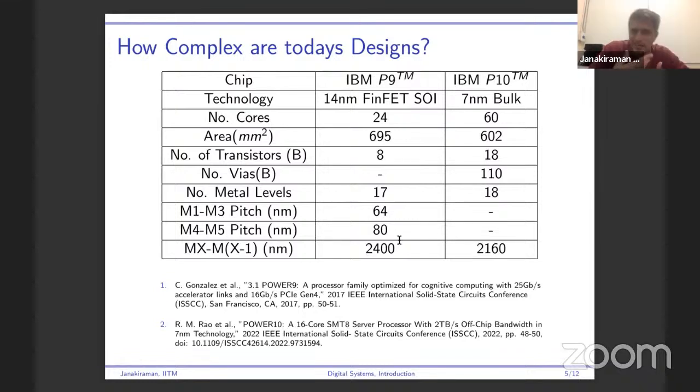The chip itself is some 695 square mm, about 25 mm by 25 mm, which is the size of a 10 rupee coin. In that you have about 8 billion transistors accommodated, and in the latest microprocessor it is 18 billion transistors.